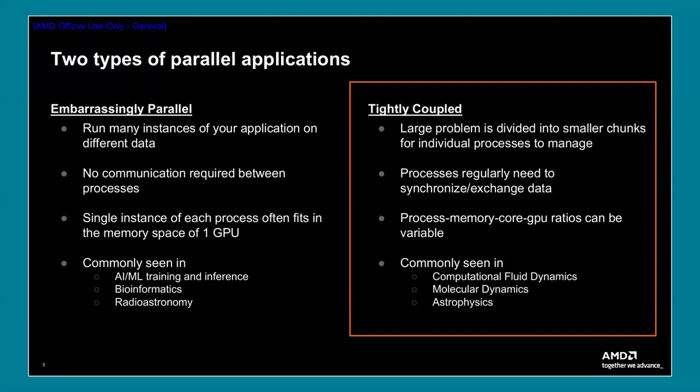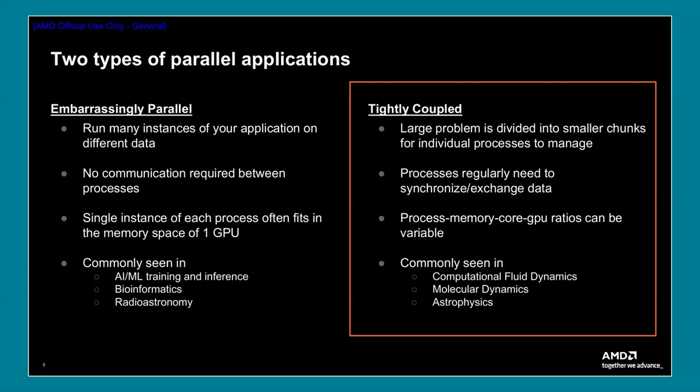Now, in the embarrassingly parallel world, you typically run many instances of your application, and you're very likely just switching out what data is actually being processed. The key element of an embarrassingly parallel application is that there is absolutely no communication required between these processes. They are entirely independent of each other, and there's no synchronization that is required between individual processes.